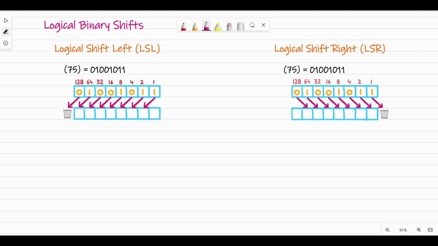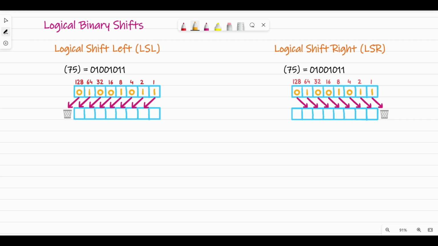We'll start with the left binary shift. To start with, as I have mentioned with the arrows, the digit or bit on the most left hand side, also known as the MSB, most significant bit, will be lost because it is in the most left corner.